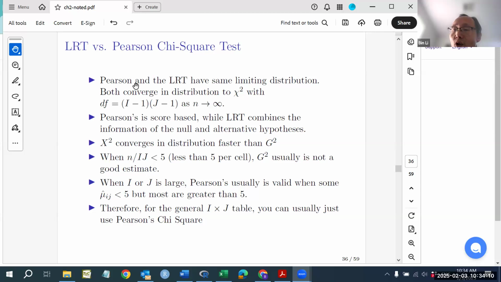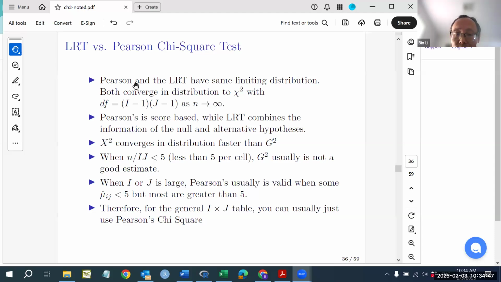In other words, for small sample size problems, Pearson's statistic follows the chi-square distribution more closely. It has a better approximation. Therefore, Pearson's chi-square test performs relatively better for small sample size. But when the sample size is large, they are equivalent.